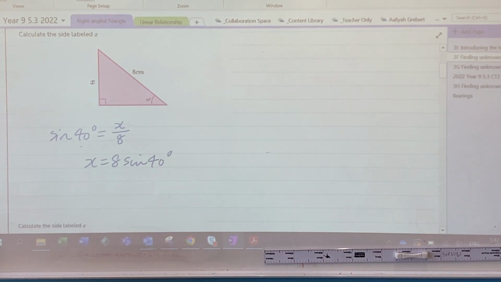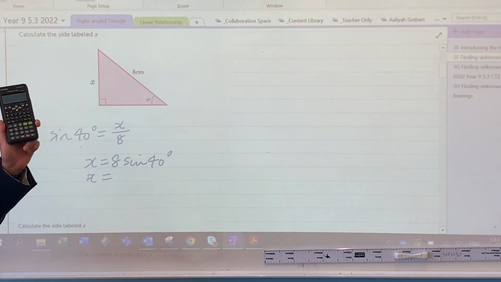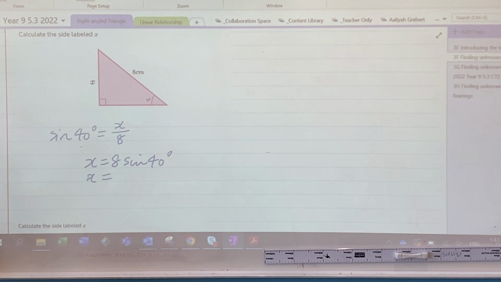People okay with that? What is sin 40? Now at this stage, can you take your calculator out? From now on, you must bring the calculator.